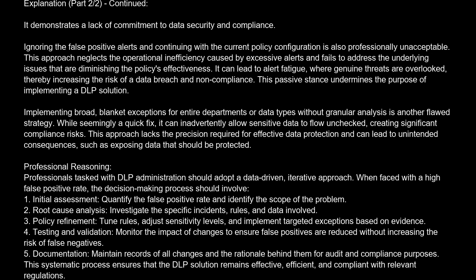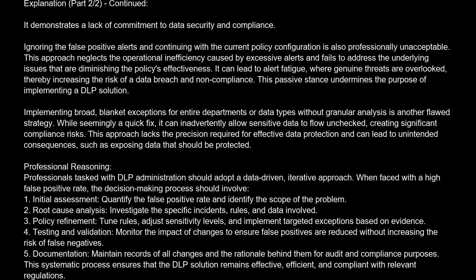Ignoring the false positive alerts and continuing with the current policy configuration is also professionally unacceptable. This approach neglects the operational inefficiency caused by excessive alerts and fails to address the underlying issues that are diminishing the policy's effectiveness. It can lead to alert fatigue, where genuine threats are overlooked, thereby increasing the risk of a data breach and noncompliance. This passive stance undermines the purpose of implementing a DLP solution.